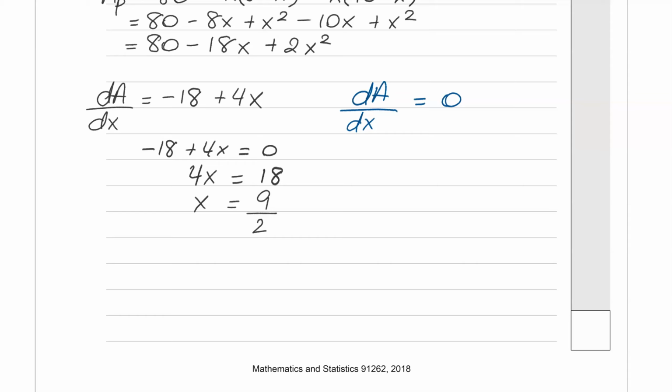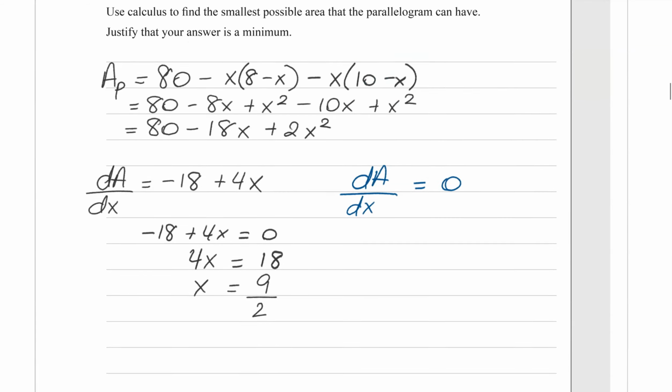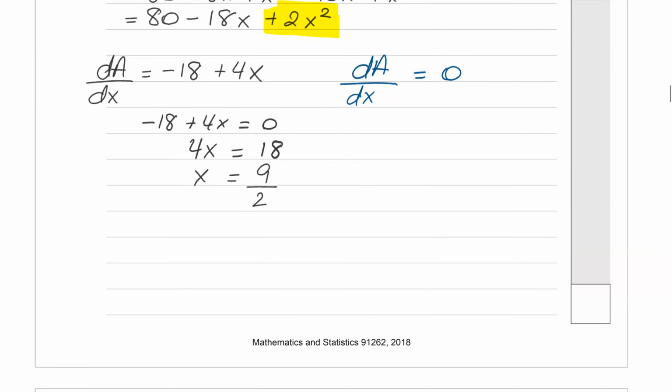Cool. And now, we're going to determine, well, is this actually a minimum? So what I could do is I can use a second derivative test, which I'll probably do. I could use the idea of, well, this is a positive parabola because the value over here is positive, so it's a smiley face parabola, so therefore we only have a minimum. We could use that as a justification.